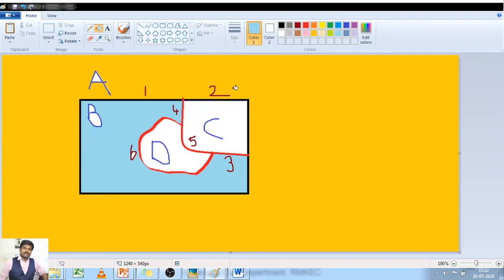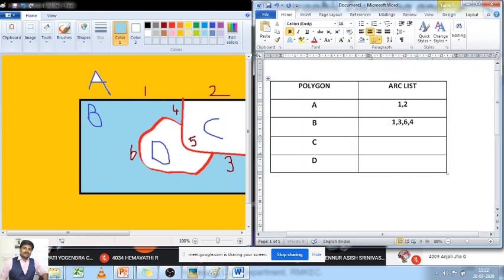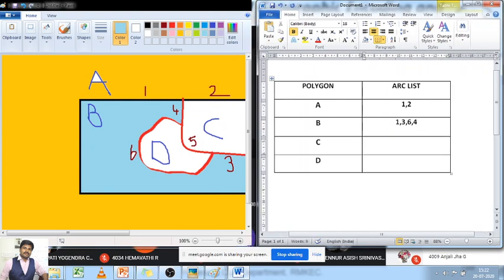So except 2 and 5, all the remaining numbers are connected with B. Am I right? So for B, the arc list will be 1, followed by 3, 6, and 4. It can be in any order. In this order, we started from 1, went to 3, then to 6, and closed with 4. These are the arc list of B.